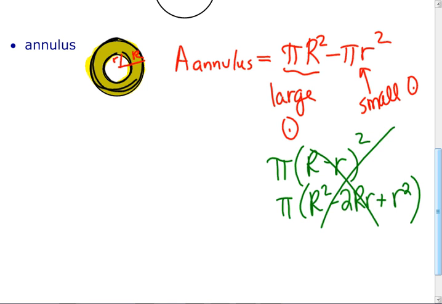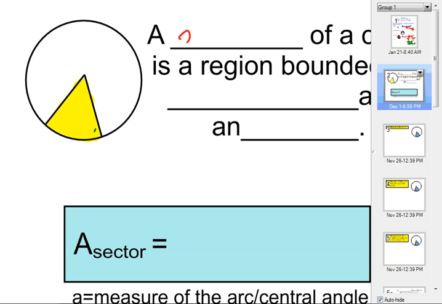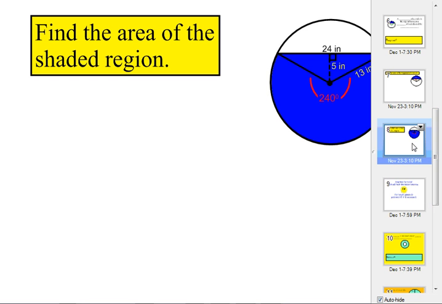So find the area of the big circle, find the area of the little circle, and subtract. And that's all there is. So we'll put the notes in here on the next page. An annulus. Those are segments. We'll do that tomorrow.